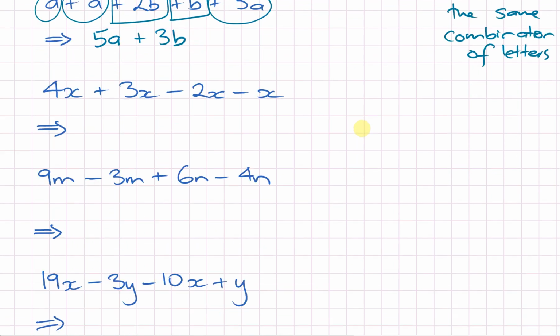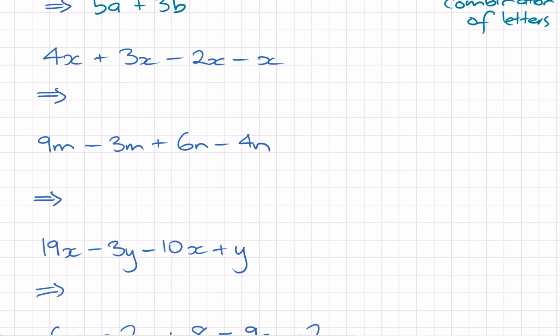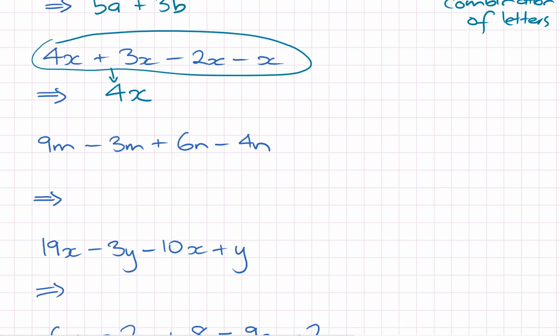Okay, next example. 4x plus 3x will give me 7x. 7x minus 2x will give me 5x, and then 5x minus x will give me 4x. So I end up with 4x, and this is simplified.